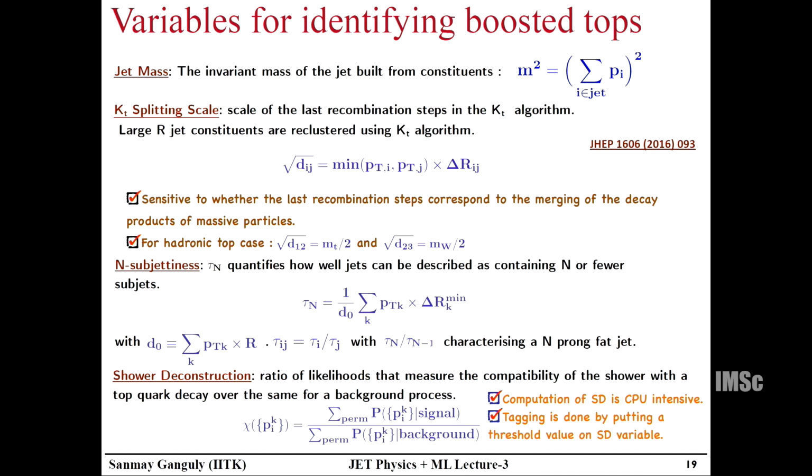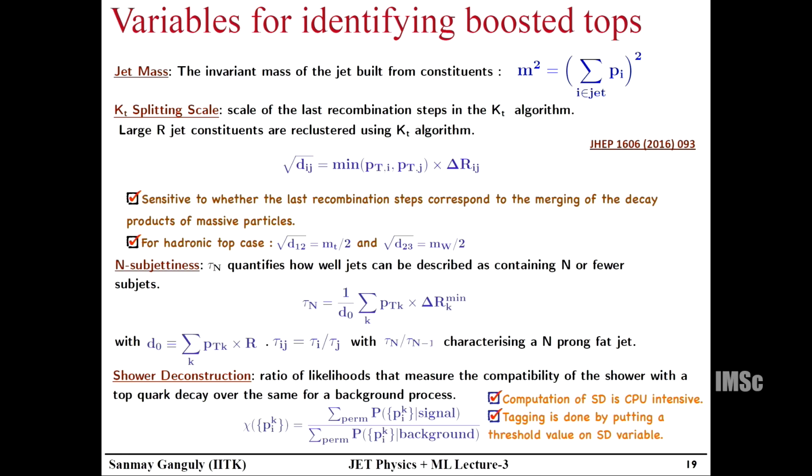And then we have this famous observable called N-subjettiness. N-subjettiness tries to determine how many different subcomponents a boosted heavy resonance has. For a top jet, it will discriminate between three-prong structure versus two-prong, or three-prong versus one-prong structure. Similarly, for W tagging, it will try to identify two-prong structure versus one-prong structure, and so on and so forth.